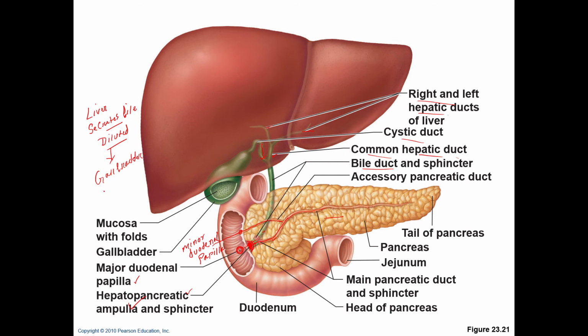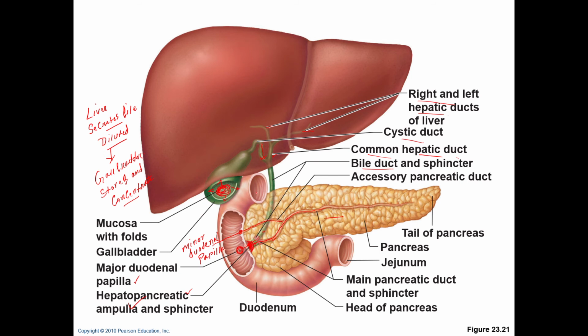Gallbladder does what? Stores and concentrates, makes that diluted bile highly concentrated bile. So here the bile is stored, as well as the water from the bile is absorbed by the wall. So the water leaves. So the bile becomes highly concentrated and stays there.